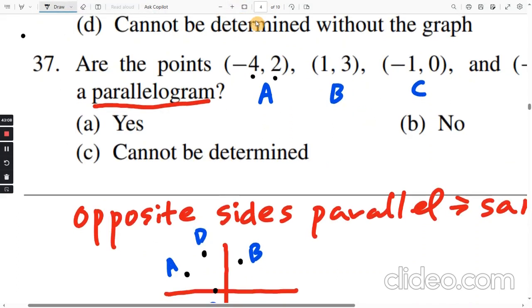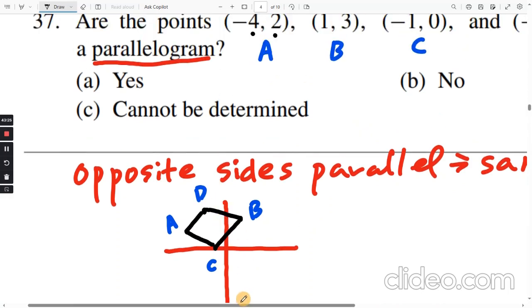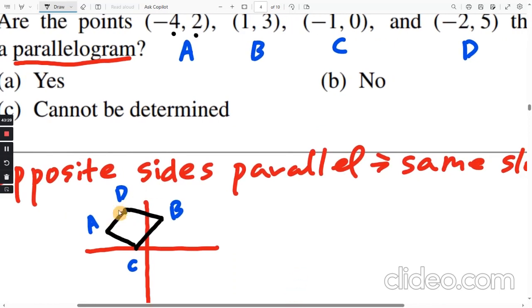All right, if I draw in this parallelogram, it's basically like that. Not that great, but at least we know we're not doing the diagonals. Okay, so first I'm going to do the slope for AD.